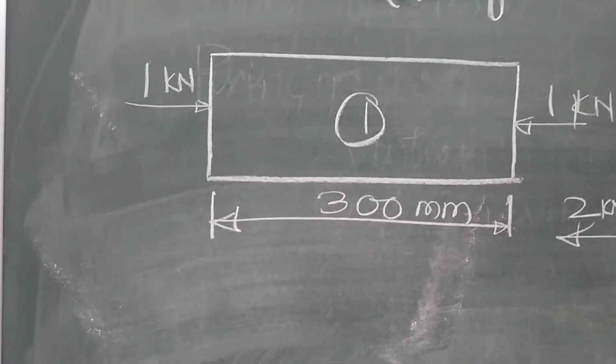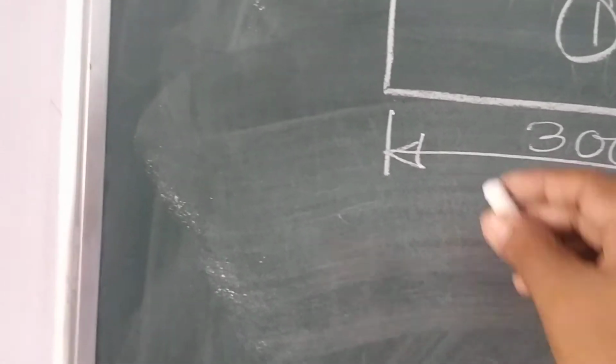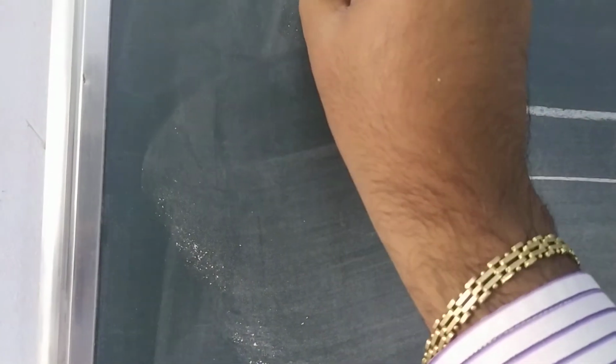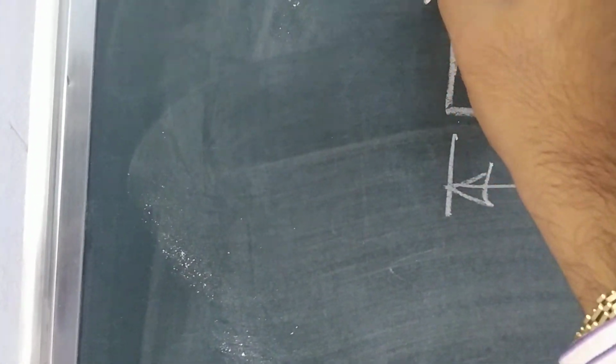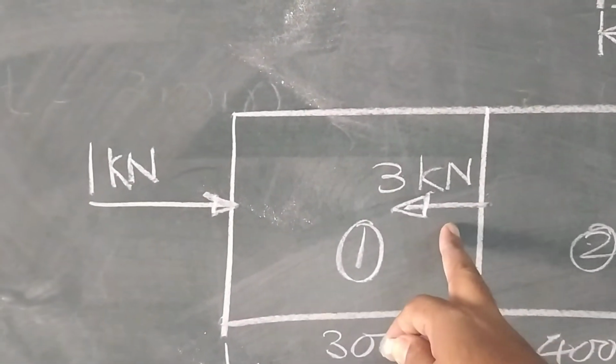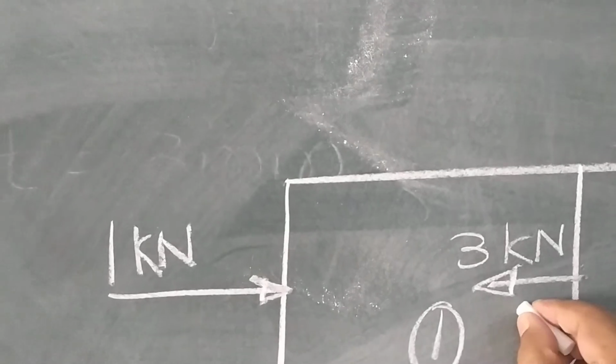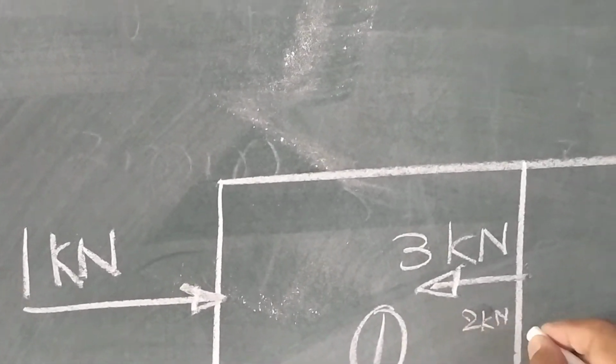This is section 1, 300 mm. Here there is an absolute force of 1 kilonewton. We have taken 1 kilonewton here and 2 kilonewton are balanced, correct?